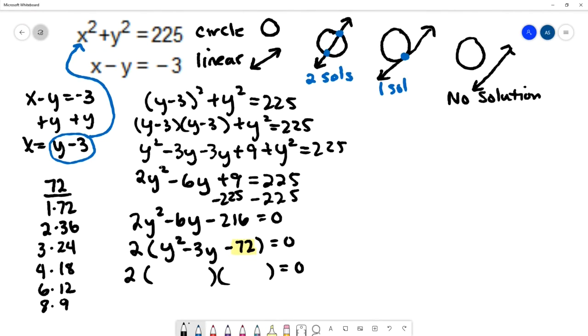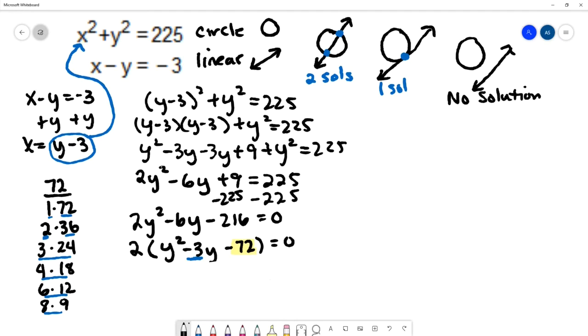And when we're looking at our factors, you're trying to get the right middle number. So we need a -3. So we need there to be a difference of 3 between these numbers, and none of these have a difference of 3. So that means that we're not going to be able to factor. We have to use the quadratic formula to solve this.